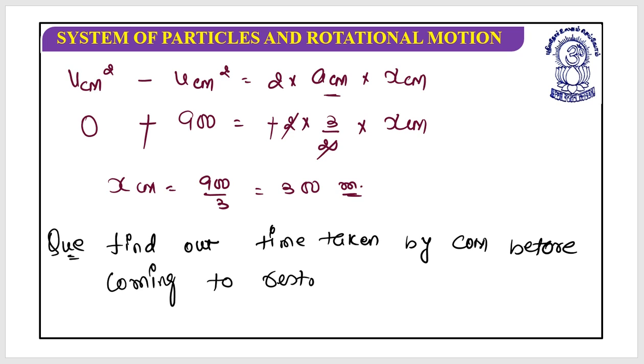What you are supposed to do is, let me give you the hint. It's V_CM minus U_CM is equal to A_CM into T. That's it. Now you know this better. Got this?